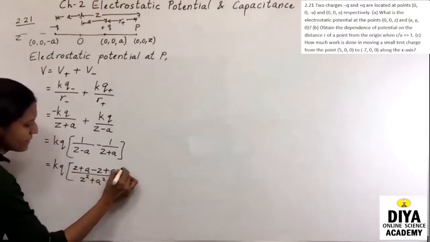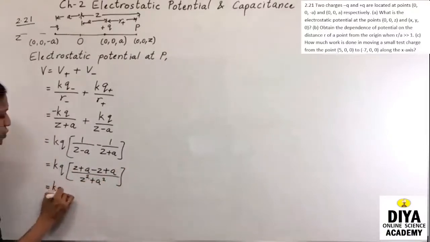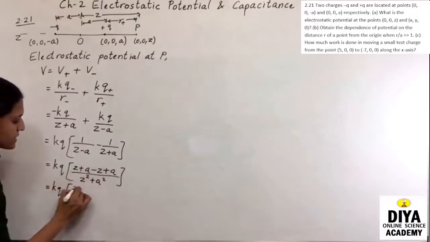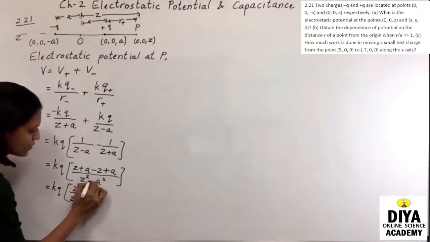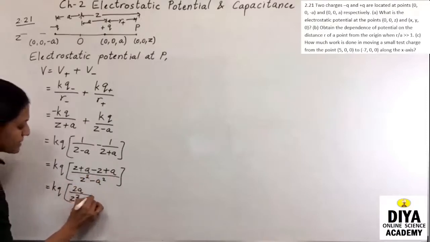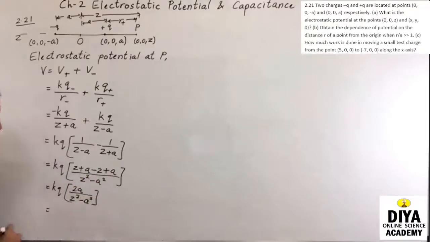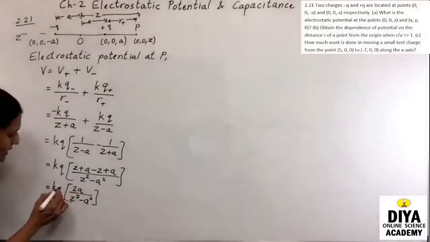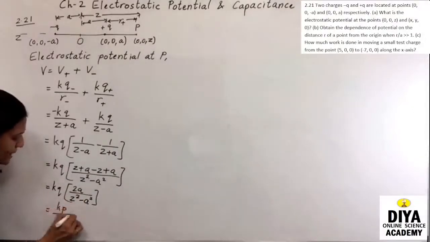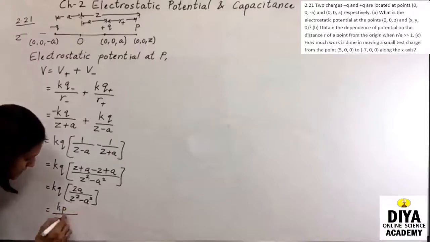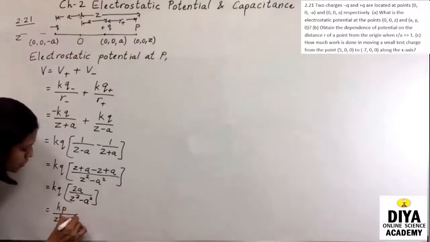KQ, the Zs get cancelled out, 2A upon Z square minus A square. So we can also write 2AQ as P. So Kp upon Z square minus A square.